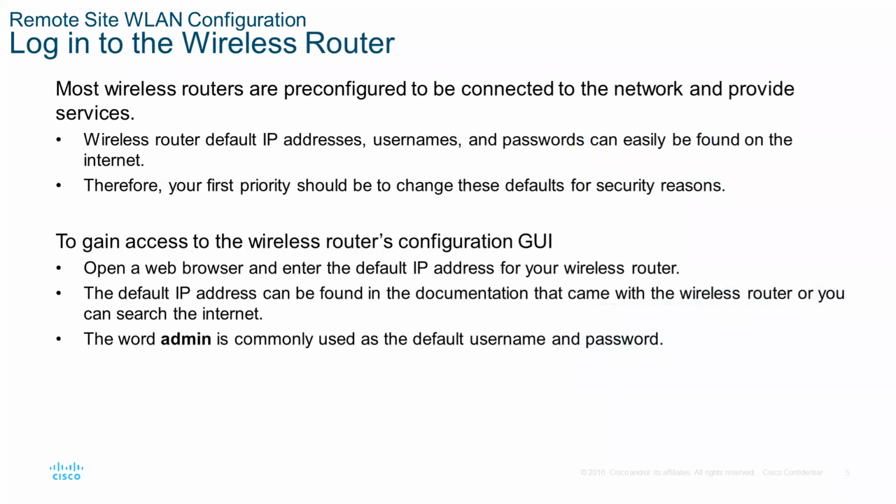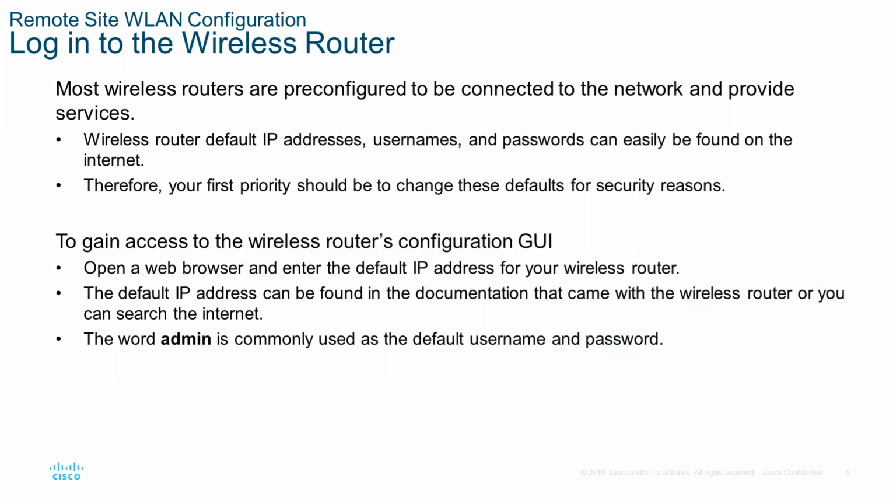So most of these routers are pre-configured and connect to the default network defined in the device's configuration. So these will give you a default IP address, username and password. And because they're defaults from the manufacturer, these can be easily found with a simple Google search or whatever search engine you're using.